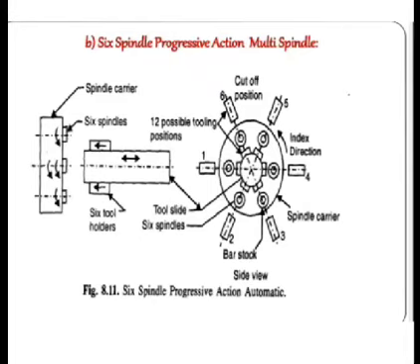The end tool slide, which accommodates tooling for all the spindles, travels on the spindle carrier stem. The number of these slides is equal to the number of spindles. The spindles carry the collets and bars from which the workpieces are machined. The bar stock is fed through the spindle from the rear. A 6-spindle progressive action machine is shown in the figure.